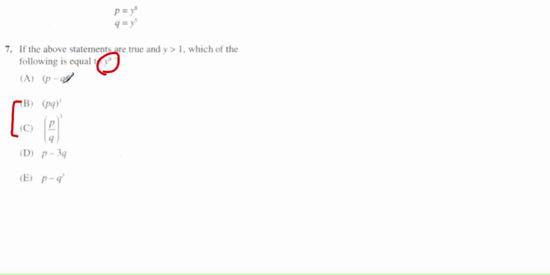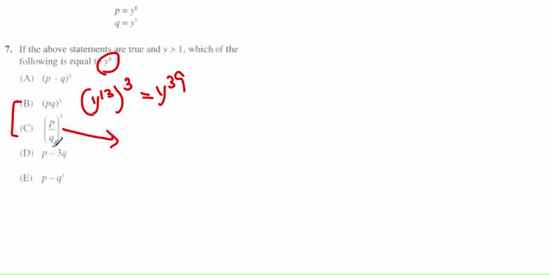In case of B, these two values are multiplying, so we end up getting y to the 8 plus 5 becomes 13. The entire thing to the 3rd power, so we end up getting y to the 39th power, not 9.